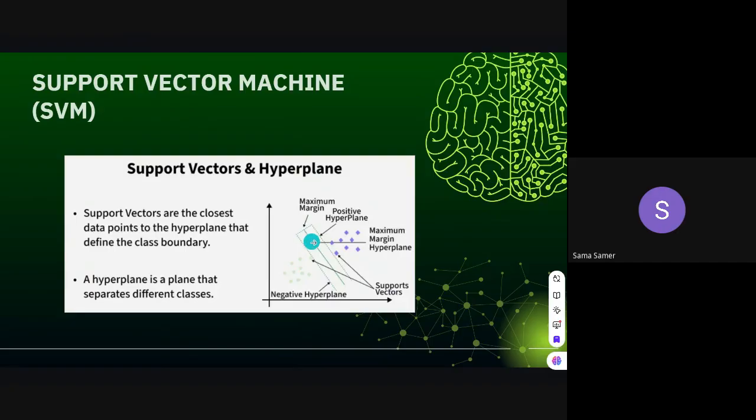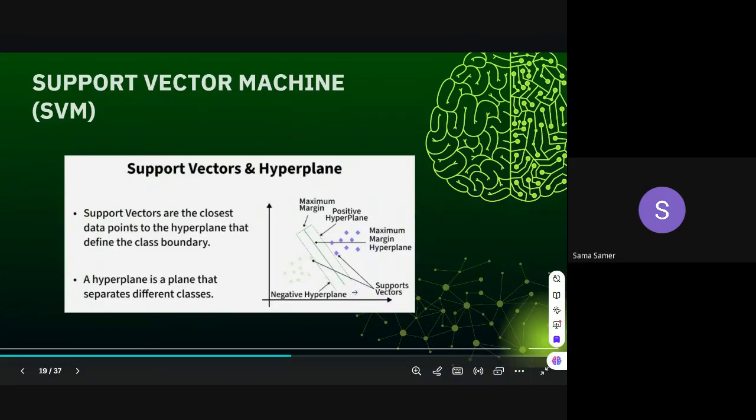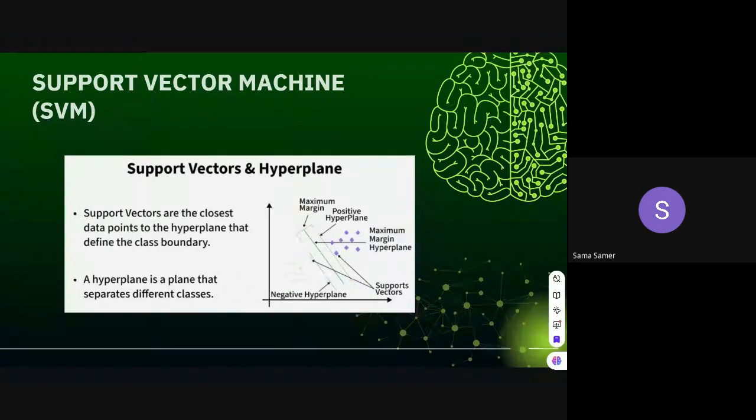The first sheet I put is the main margin, the line that separates the blue squares and the red squares. Then we will have two other margins, the positive hyperplane and the negative hyperplane.